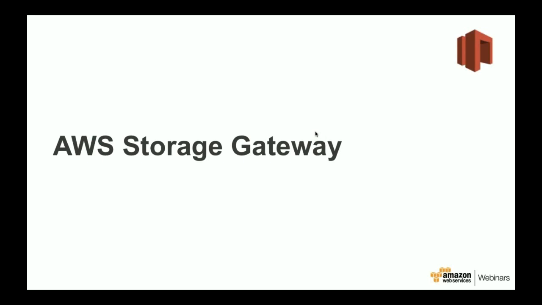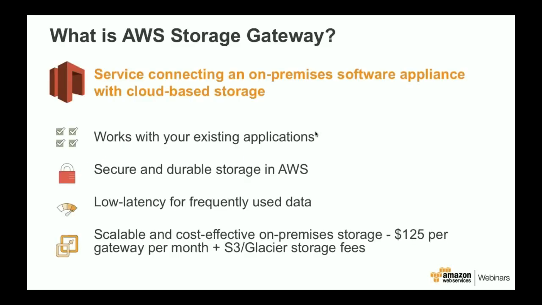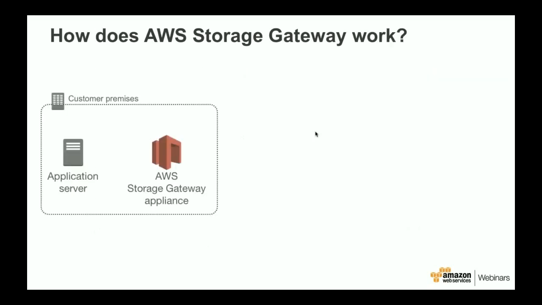With AWS Storage Gateway, you have another option of running a virtual appliance in your network. You can have storage volumes that are locally stored in your data center.